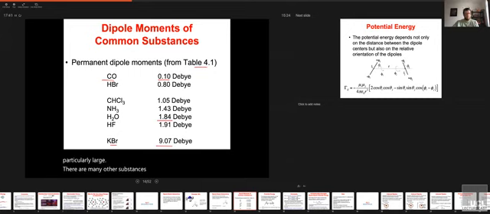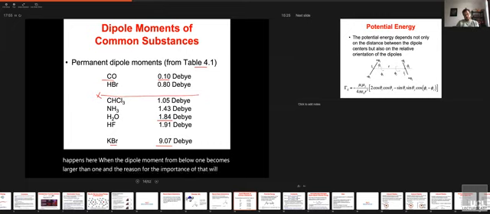If you look at that table from the book, you will find a few other dipole moments. What's important for you to remember is that the big transition happens here when the dipole moment goes from below 1 to larger than 1. The reason for the importance of that will become evident in just a couple of minutes. But keep in mind that there is a wide range of molecules that have very different dipole moments.